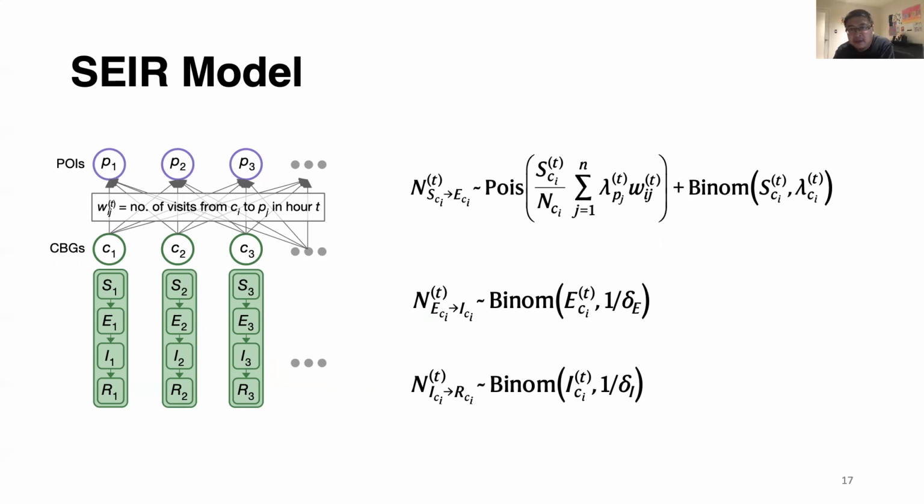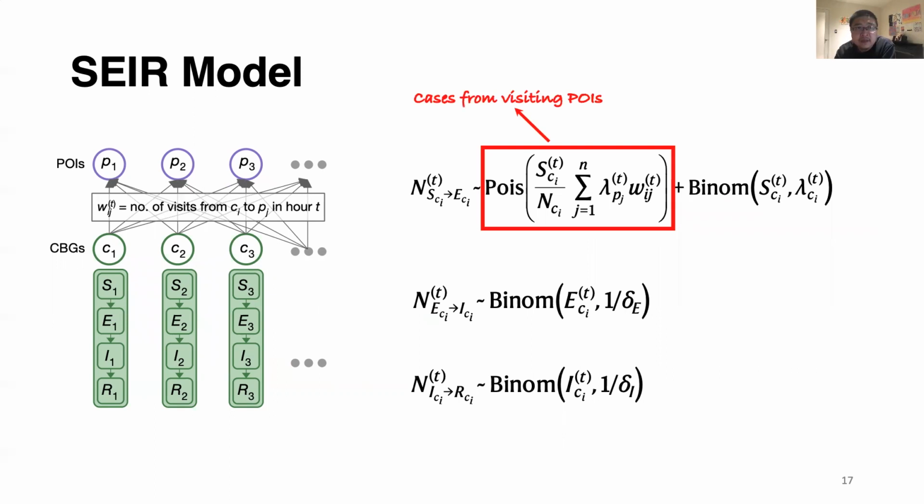And the authors assume that any susceptible visitors to POI P at time t have the same independent probability lambda t of being infected and transitioning from susceptible to exposed state.